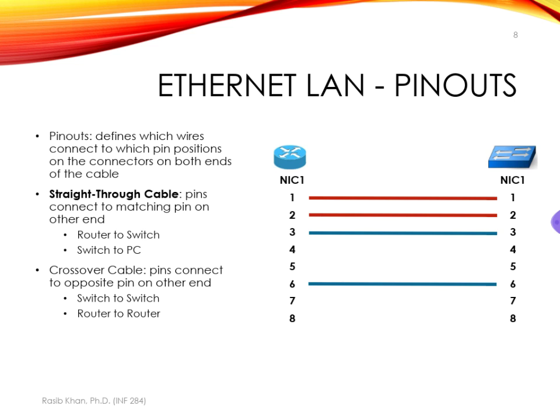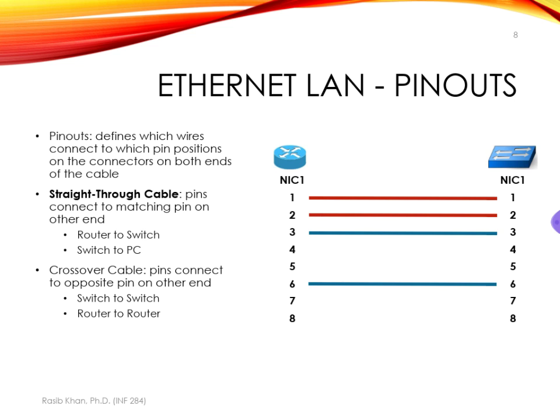There are 2 ways that we can connect devices in the Ethernet LAN. The first is relatively simpler, which we call the straight through cable. This means that the terminals 1, 2, 3, and 6 are connected to the same terminals on the other end.